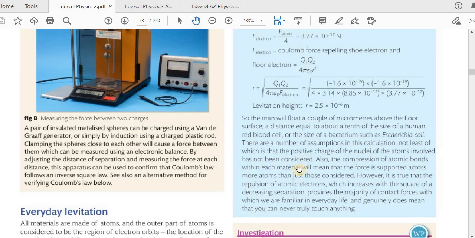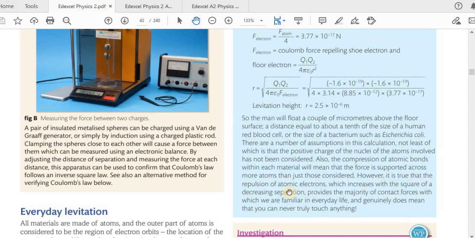So here we did not consider any positive charges. That's what is mentioned here. This is because we assumed that, which is why I told you this is an estimate.